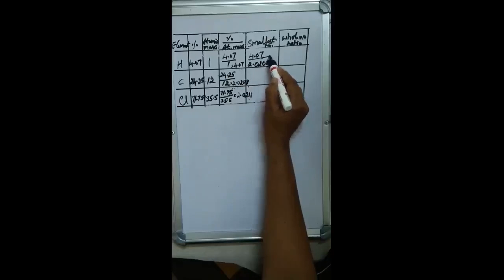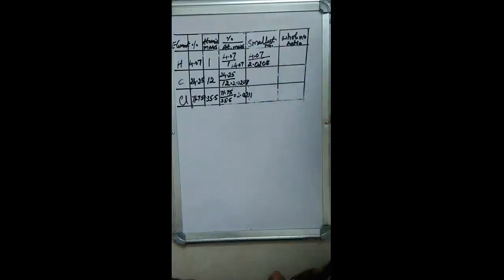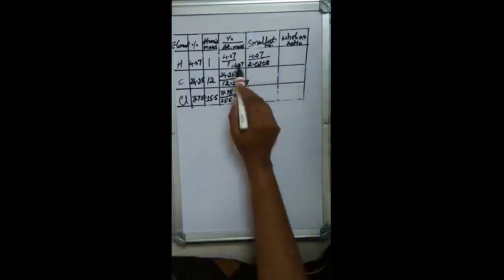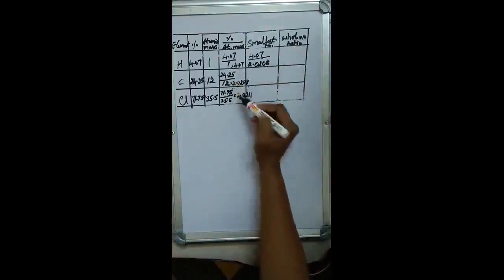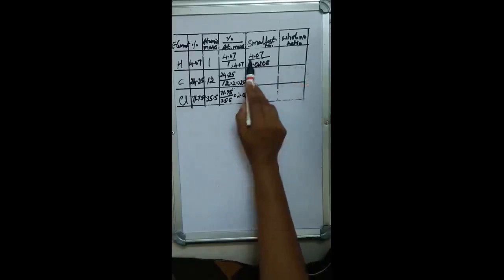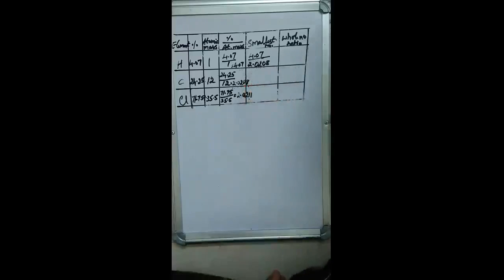So here I have written 4.07 divided by 2.0208. What is the answer you will get with the help of the calculator?